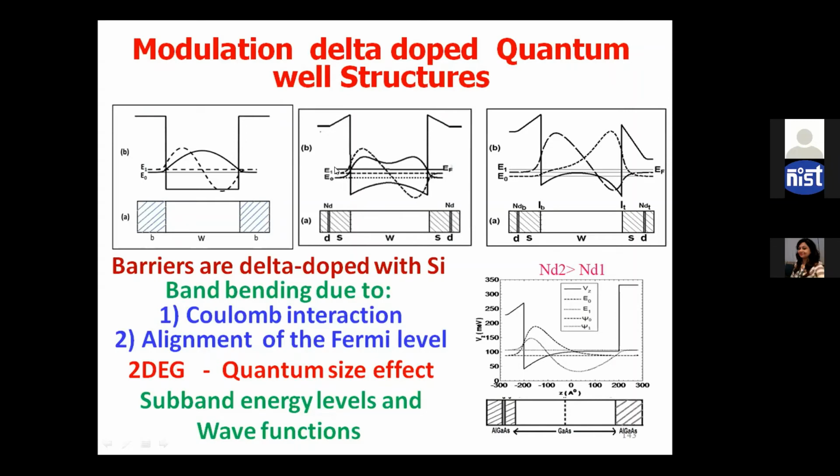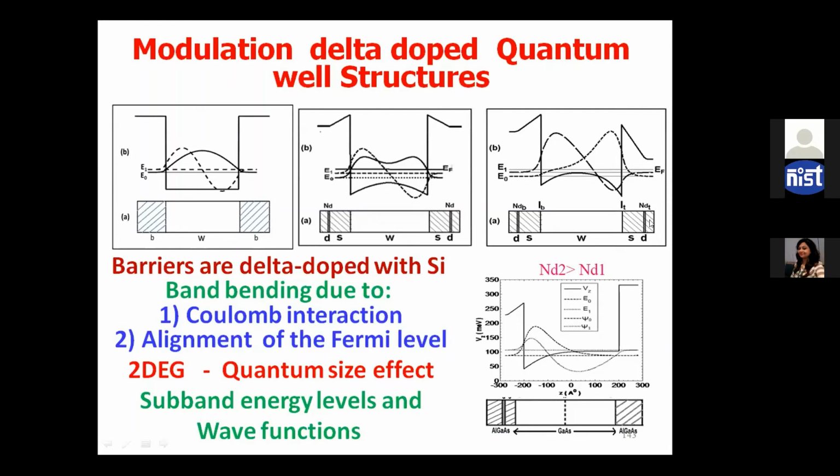So due to this band bending, now there is a V shape at both interfaces, and each energy level E1 accordingly changes, and it also changes the wave function. So you see what the nature of the wave function is. Here it is symmetric, but this psi zero nature is changed. So you can also modulate this if you dope differently. This side is the substrate and this side is the surface side.